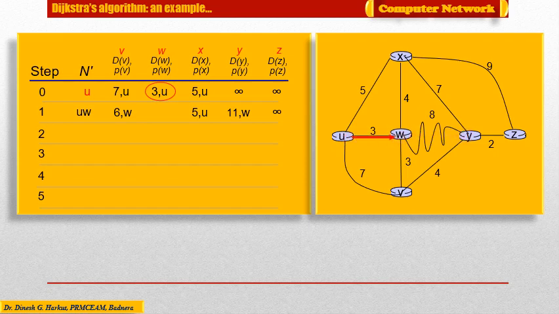As there is no direct link between W and Z, the cost is mentioned as infinity. Among these costs, that is 6, 5, 11, 5 being the smallest, we will consider the next node X in the subset and go on calculating the values.